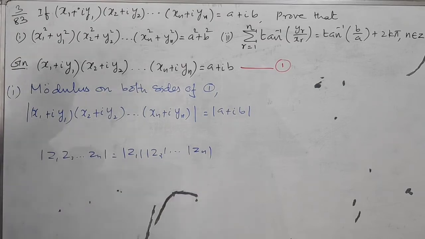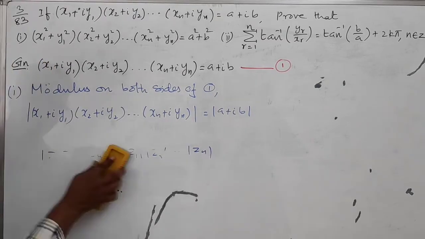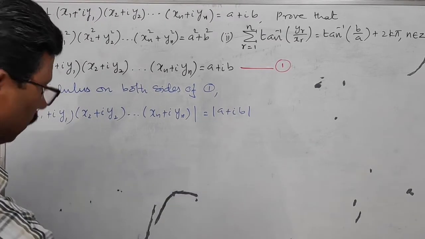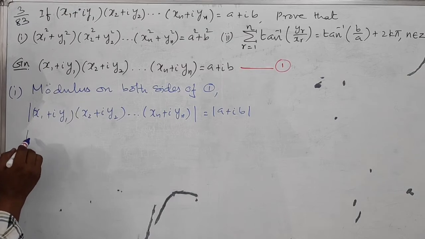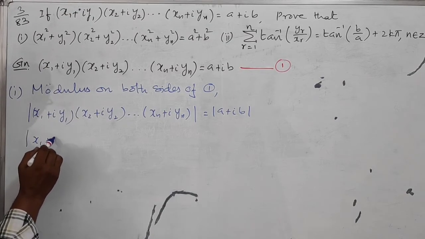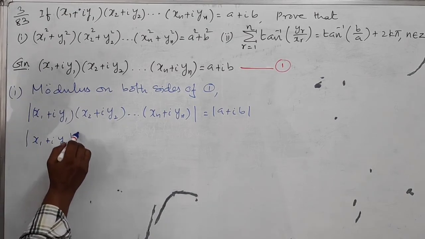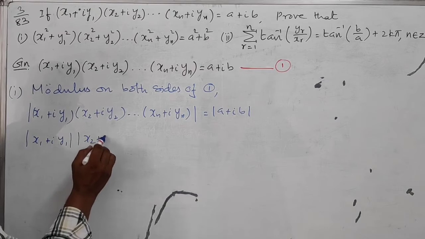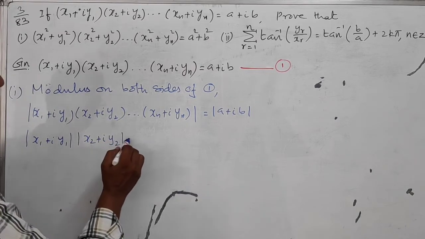This property we know. Based on this property, we are writing this as modulus of x1 plus i y1 into modulus of x2 plus i y2 into etc.